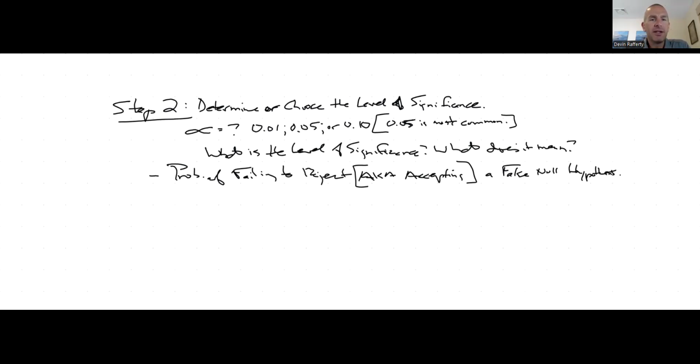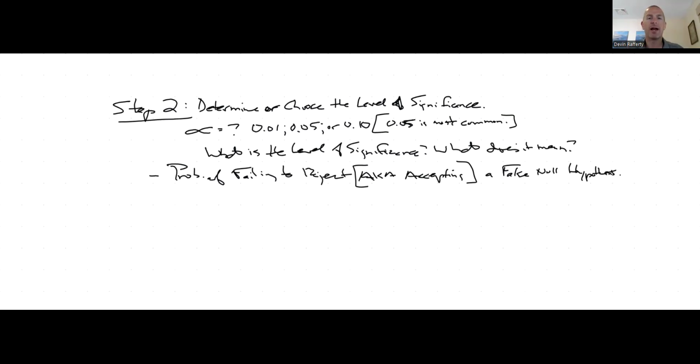The level of significance is referring to the probability of you making that decision. Okay. That's what the level of significance is referring to. It's the probability of failing to reject, aka accepting or believing, a false null hypothesis.